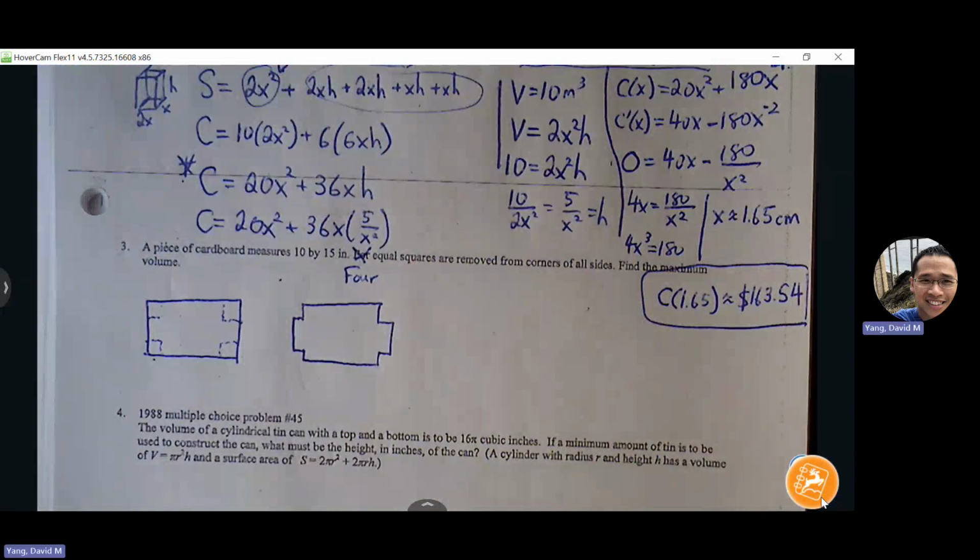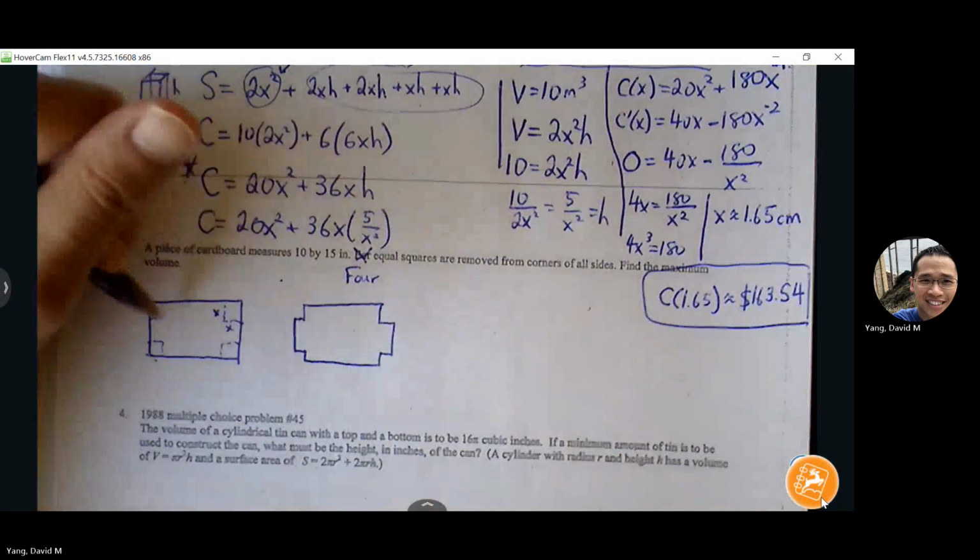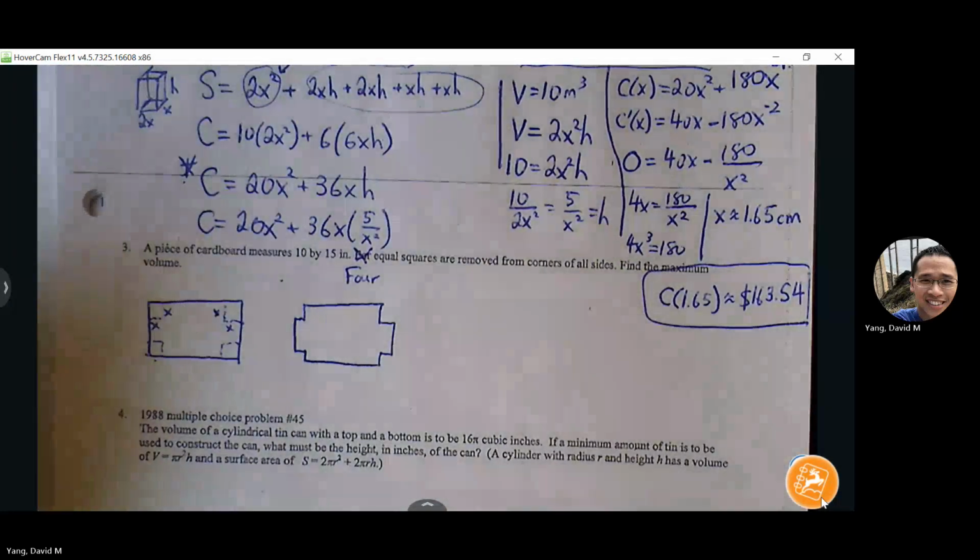And then the flaps will fold up. And then when the flap folds up, it turns into a box. So find the maximum volume.